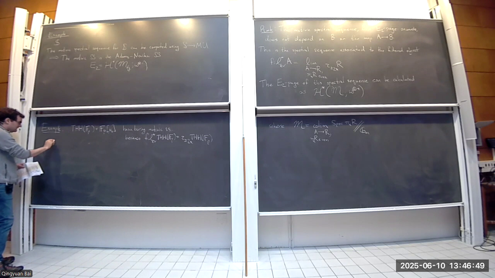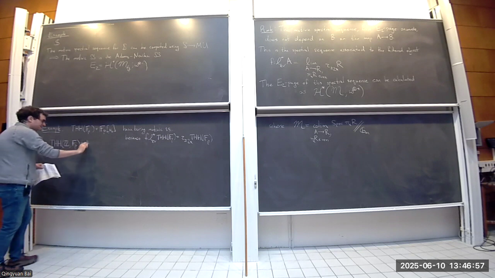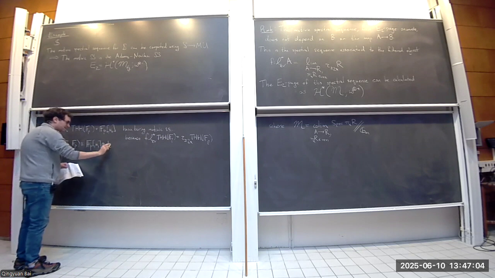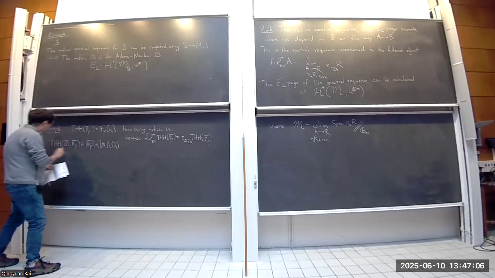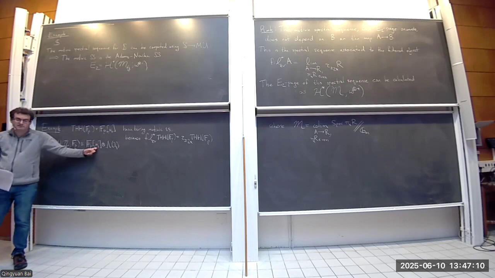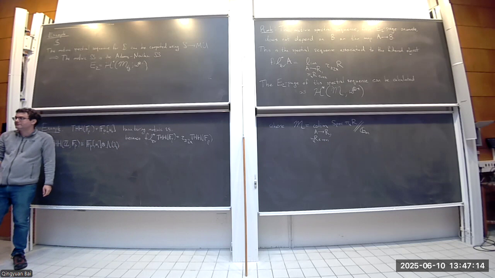But THH without p coefficients is another example you would be interested in. That looks like this, at least at the level of homotopy groups, where this is the degree 2p polynomial generator and this is the degree 2p minus 1 exterior generator.